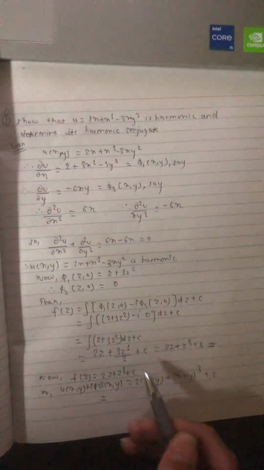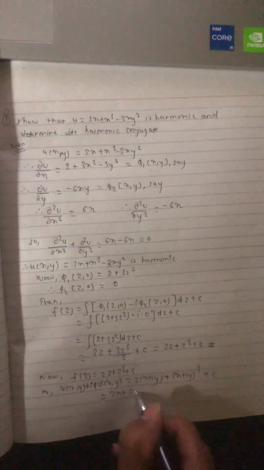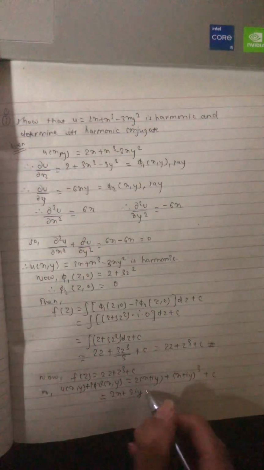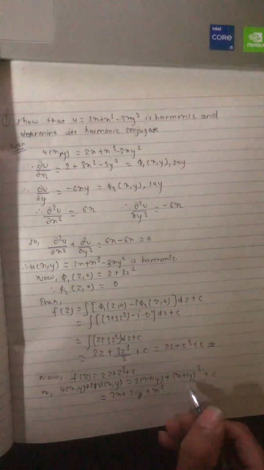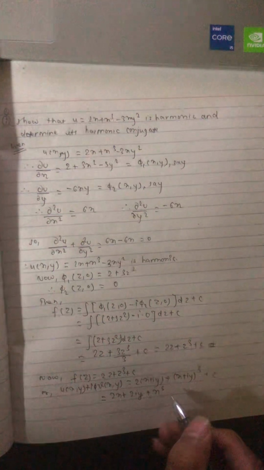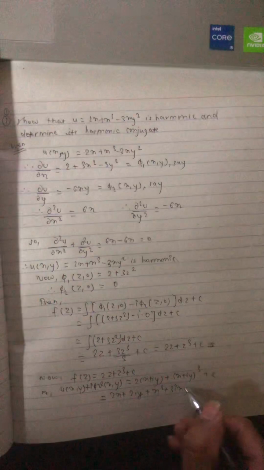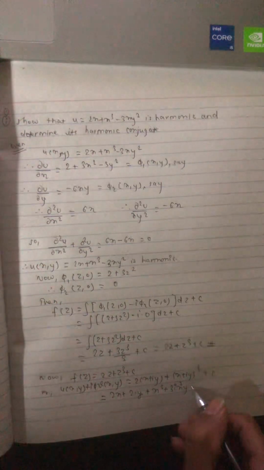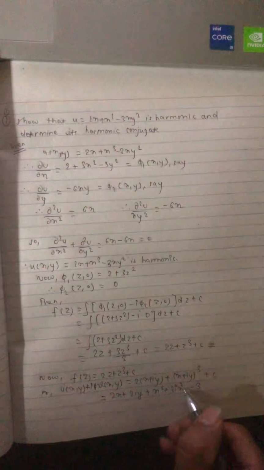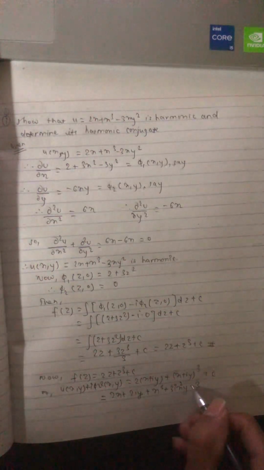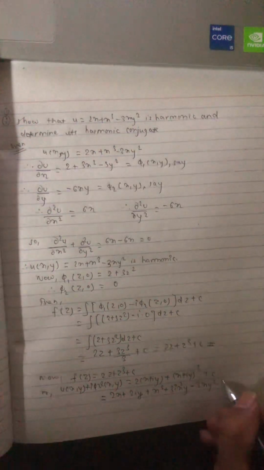So let's multiply to get 2iy, and expand the cube of x plus iy, plus 3i x square y, minus 3x y square, since i square equals minus 1, and then i cube.